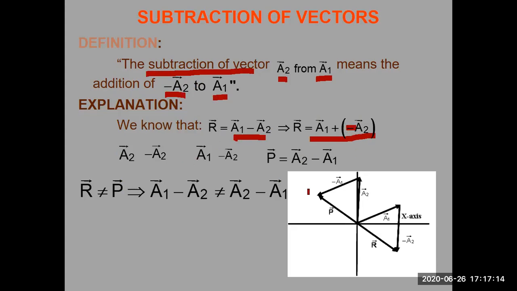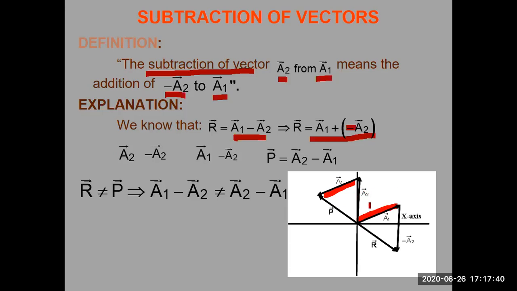Here, if this vector is a2 and this vector is a1, you have changed the direction of a2. Basically, for the vector which you are adding to the other vector, you are only changing the direction.